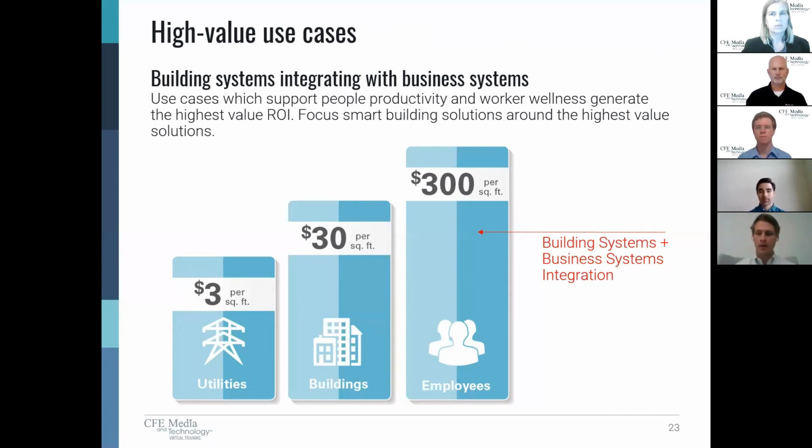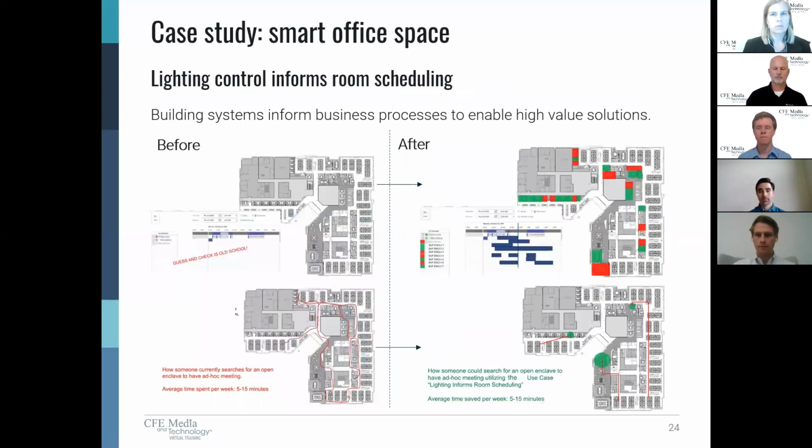Some of the apps and things like that Ben and Mo were talking about are designed to specifically empower the user in the space and make their lives more efficient. So we really try and use that lens when looking at where to put our money in the smart building world. So you can go to the next slide, Amara.